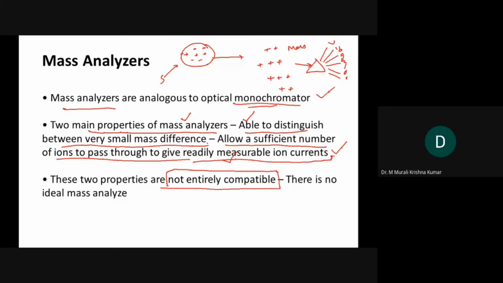So here we have analyzers for every requirement. As I told you in the beginning, mass spectrometer is completely customizable. Starting from sample inlet to ionizer to analyzer to detector, all these segments can be completely customizable. So depending upon your requirement, you can order a customized instrument. It is like that.